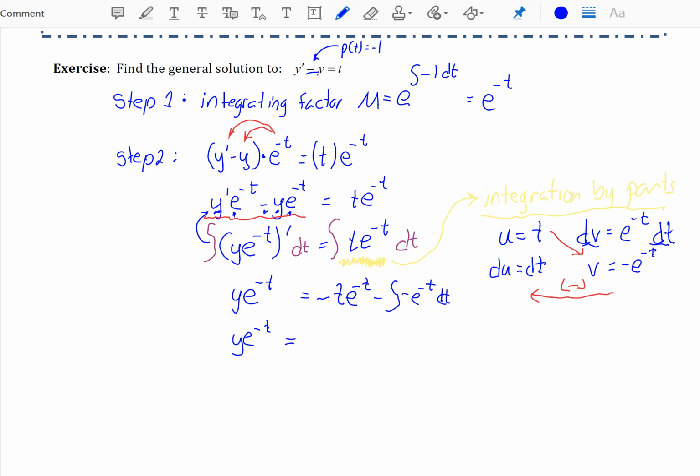Okay, let's simplify this a little bit. Let's pull a minus sign out and write this one as a plus, the integral of e to the negative t dt.